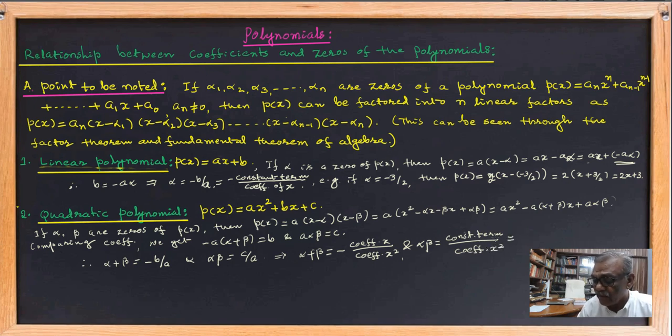This I can write as minus 1 raised to 2 into the constant term divided by the coefficient of x square.